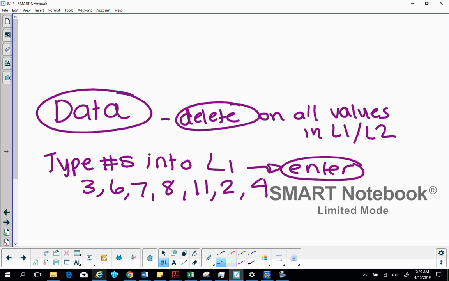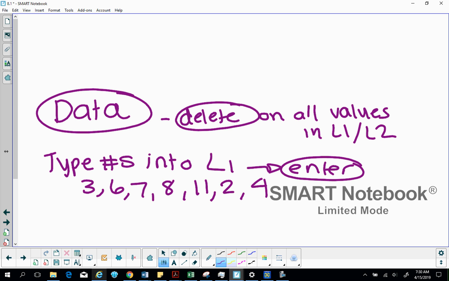Does everyone have that down? Is that all the ones that were in?